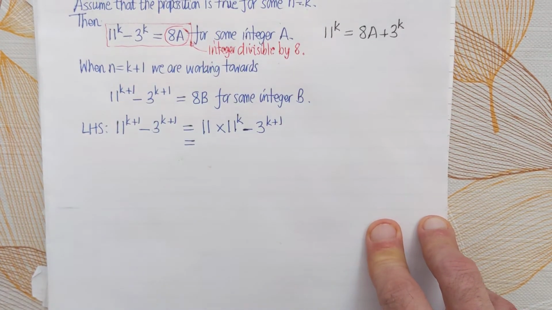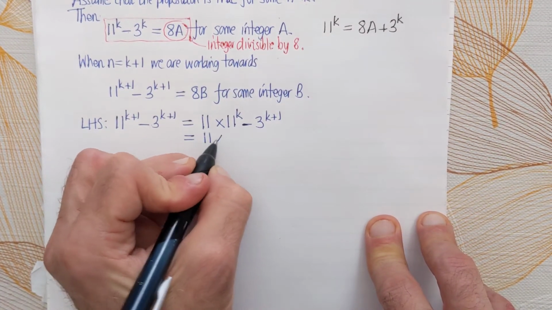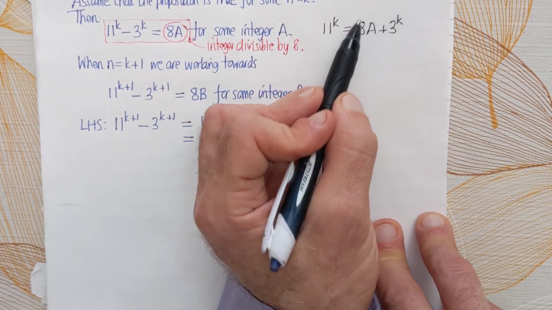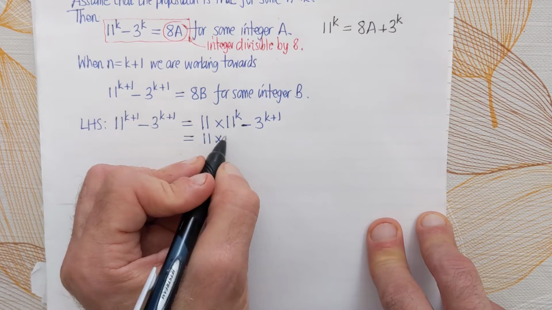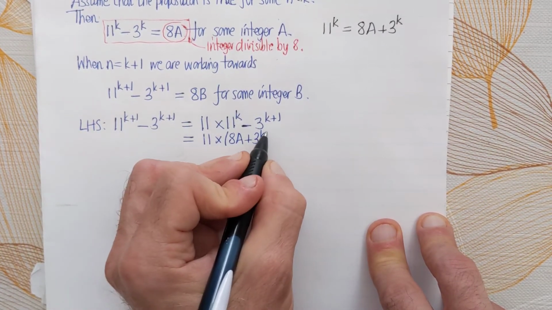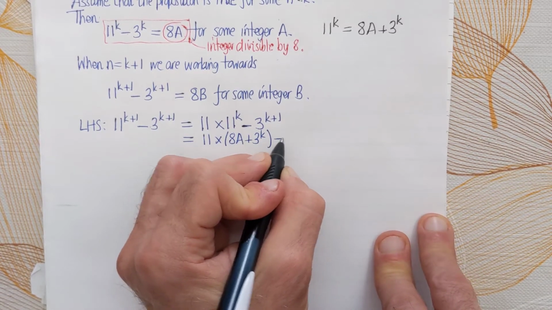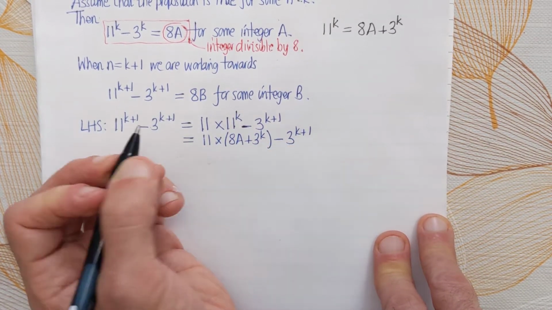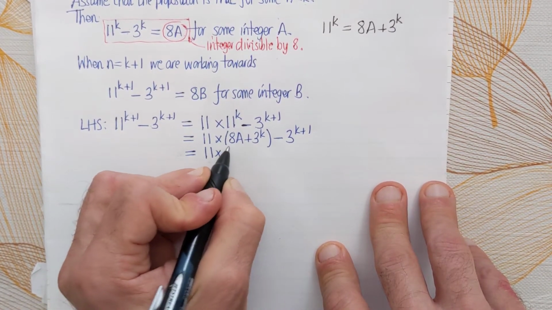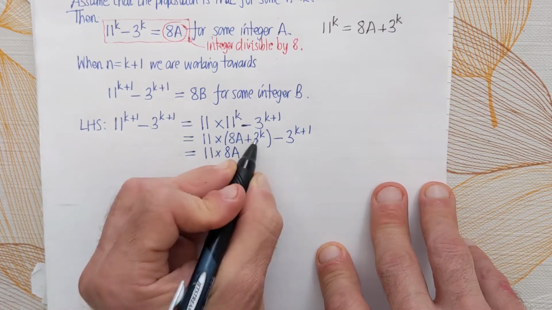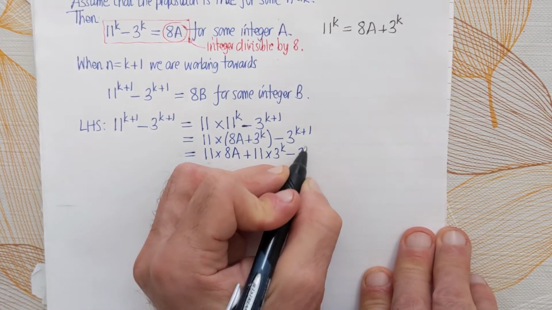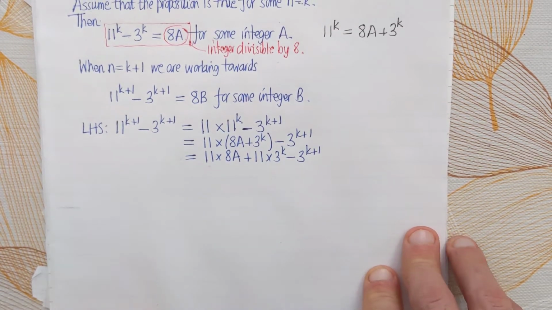And now here we write 11 times, and then instead of writing 11 to the power of k, we write 8a plus 3 to the power of k. And don't forget the minus 3 to the power of k plus 1. Right, multiplying this out, we get 11 times 8a plus 11 times 3 to the power of k minus 3 to the power of k plus 1.